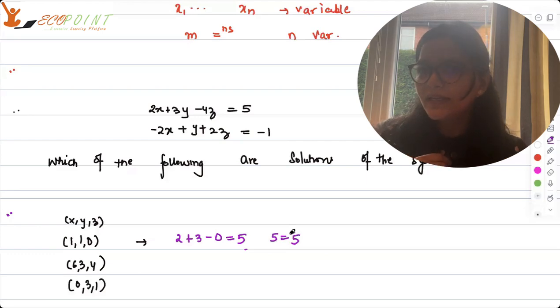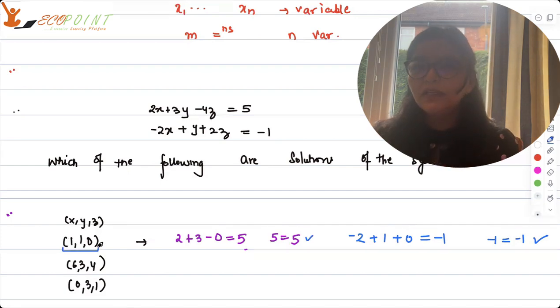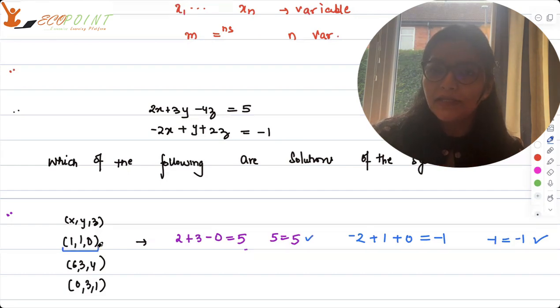But will it satisfy the second equation? Let's see. We have minus 2 plus 1 plus 0 is equal to minus 1. Indeed, we are getting minus 1 equals minus 1. So it is satisfying. This one particular point, when plugged into both equations, gives the left-hand side equal to the right-hand side. That means it is a solution to this system of equations.